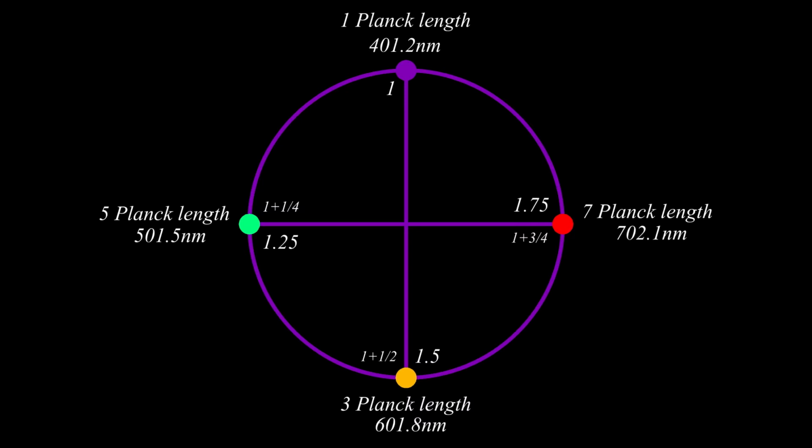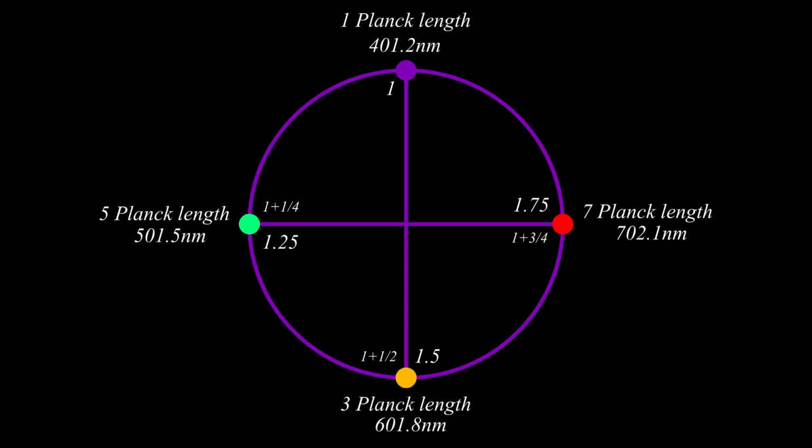Moving to the next slide, there is an example of other derivatives, being the Planck length times 1.25, which gives a value of 501.5 nanometers, or the Planck length times 1.75, which gives you the value of 702.1 nanometers.